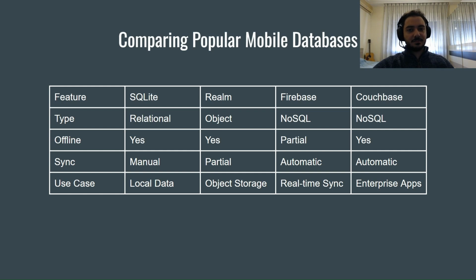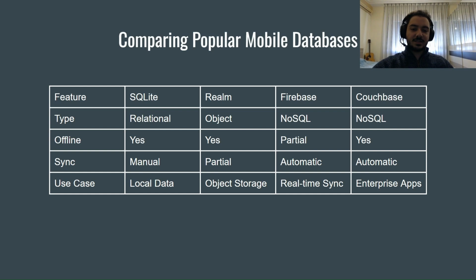For instance, SQLite would be ideal for an offline notes app, while if you were making an app like, let's say, a chat app which requires real-time updates, you would be better off to opt for using Firebase.